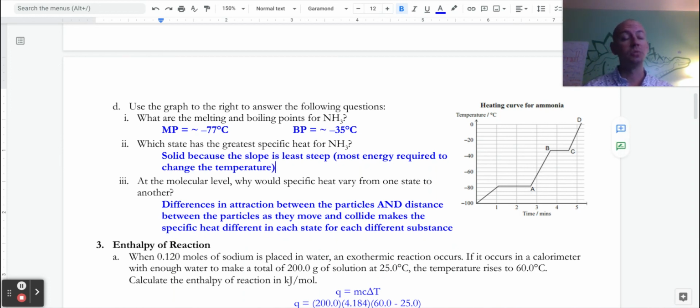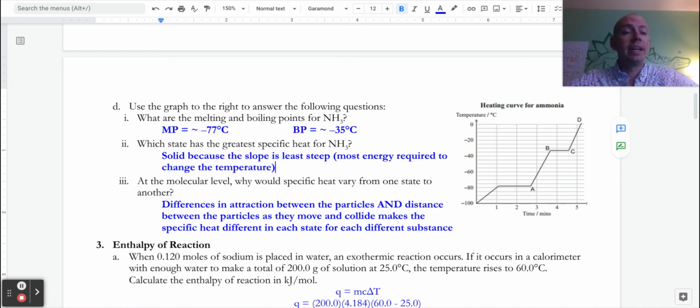It has to do with, for that specific substance, how strong the intermolecular forces are between the particles. Maybe in the solid state, how neatly arranged the particles are. Maybe in the liquid state, how close together the particles are, or how dense the liquid state is compared to the solid state. And then in the gaseous state, the particles are very far apart.